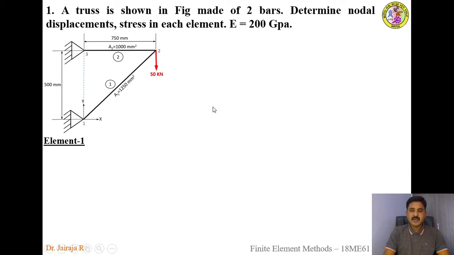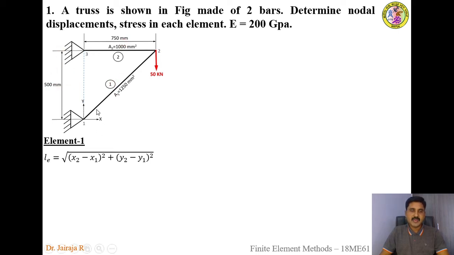Then for element 1, we need to find the length of the element. Here the area of element 1, A1, is given as 1250 mm square. Similarly, the area of the second element, A2, is 1000 millimeter square. And here the x and y values are given: x distance is 750 mm, y distance is 500 mm.